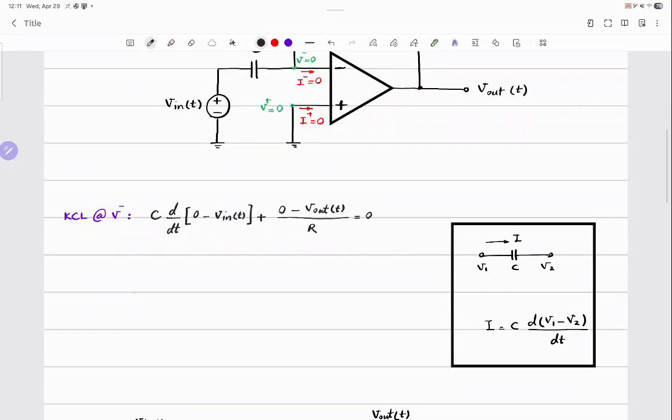Now, I'm going to take V out to the other side so it becomes positive. So V out over R is equal to negative C dV in of t over dt.